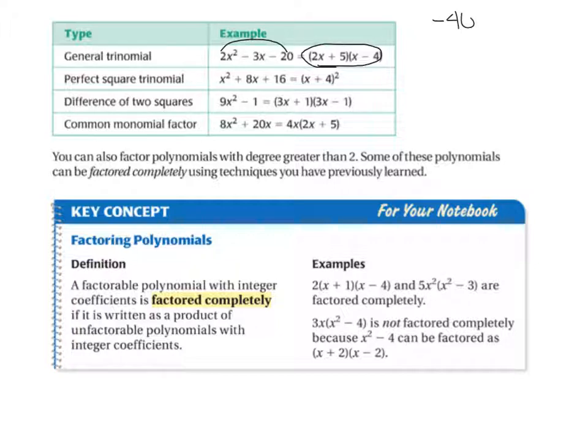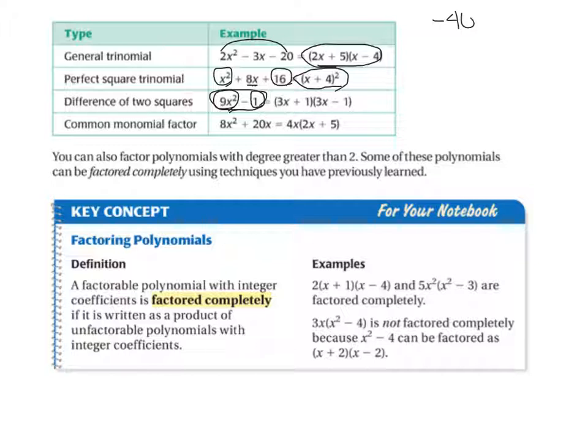A perfect square trinomial, when this one is a perfect square and that's a perfect square, and that is twice the terms, twice the first times the last, I get a perfect square trinomial. Difference of two squares. When this is a perfect square, subtraction, and this is a perfect square, it becomes a plus b, a minus b.